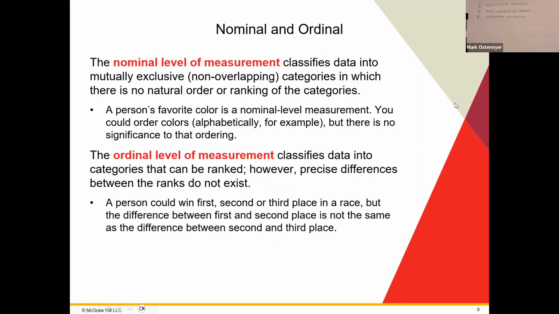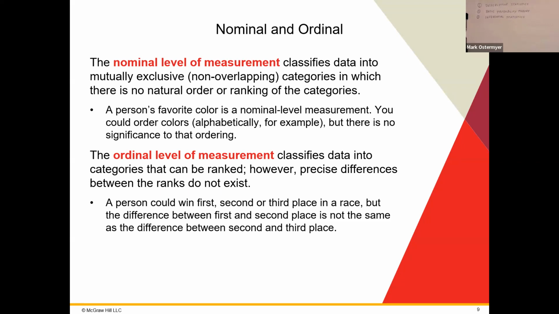All right, so what's nominal? Nominal level of measurement is the most basic level of measurement, or the most simple, if you will. It classifies data into mutually exclusive, which means non-overlapping categories in which order has no meaning or no relevance.